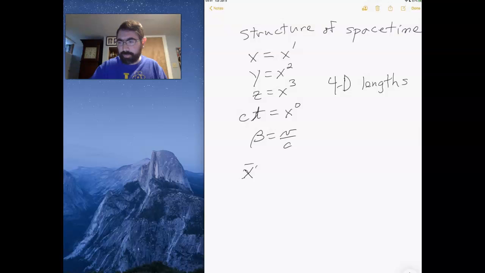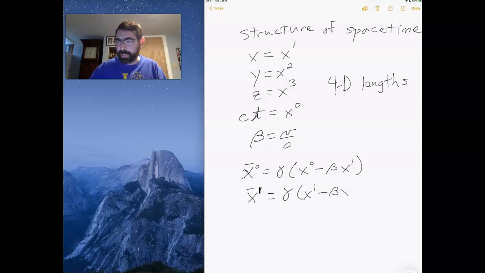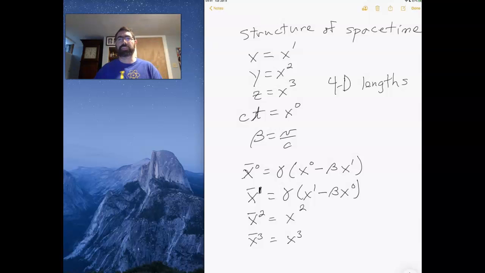So c t bar is equal to gamma times (ct minus beta x1). x1 bar is equal to gamma times (x1 minus beta x0). And then x bar 2 is equal to just x2. And x3, which is our z component, doesn't change. It's not transformed. Because, again, I'm just restricting it to the x direction. We're only moving in the x direction.